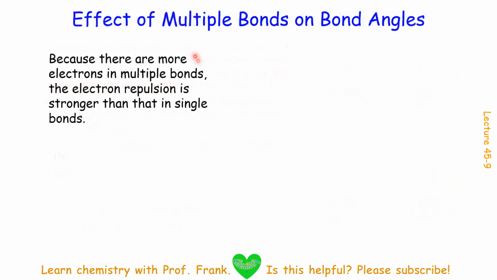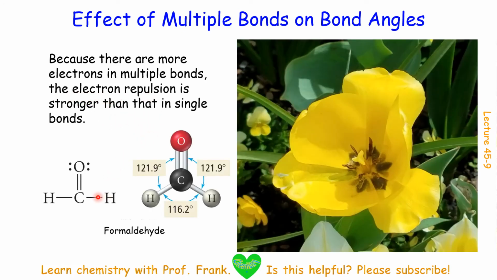interactions. We know in multiple bonds there are more electrons shared between 2 atoms. Because of that, the electron repulsion is stronger than that in single bonds.